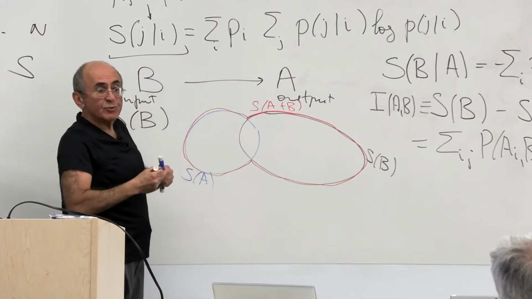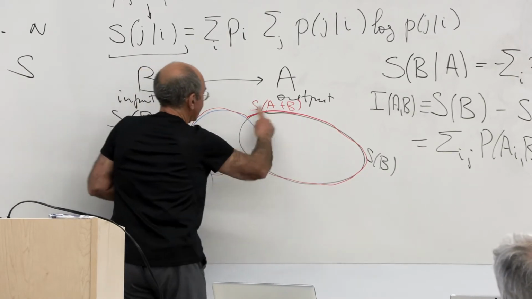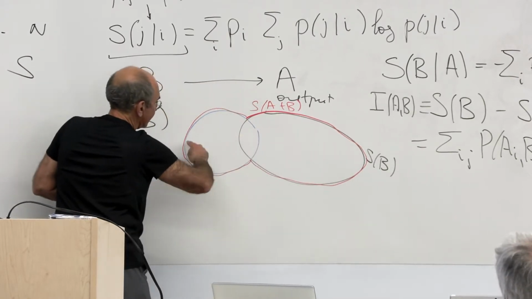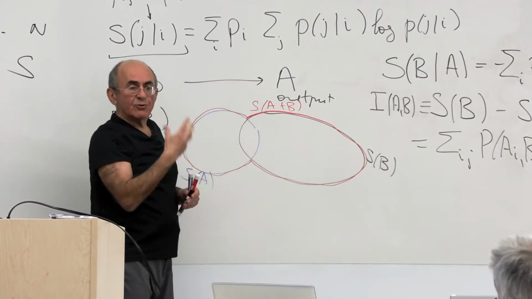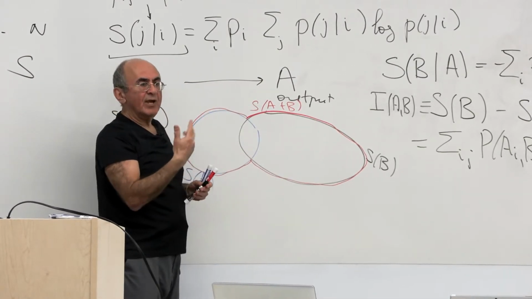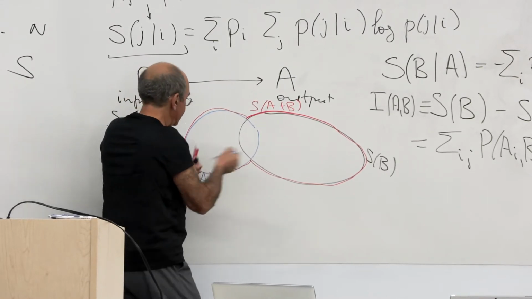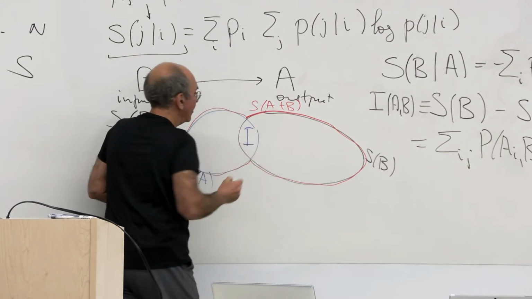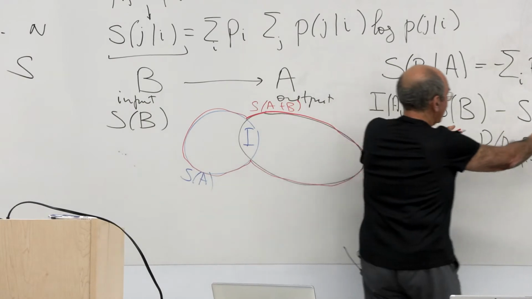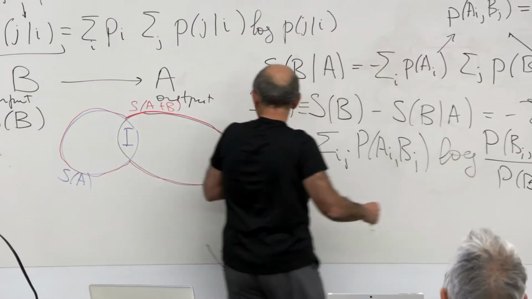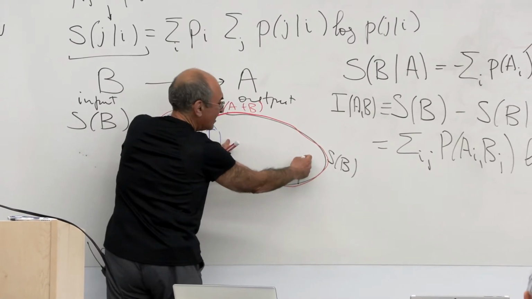And then where is the mutual information? It is in this overlap. It's S of B plus S of A minus S of A plus B, which is this one. You just visually see how any interconnection, so this is I. And of course, because originally this was this, so I is S of B minus this, and what is this?